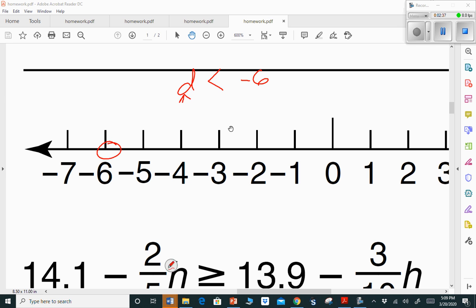As long as your D is over here on the left, then this points the way. So we're going to make our arrow this direction. Goes on forever. And there is no or equal to, so you do not color in that circle. This says D is less than negative 6.